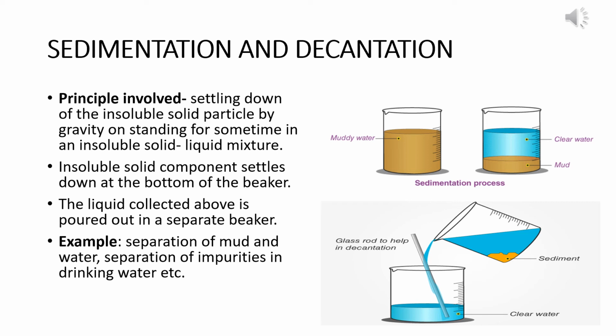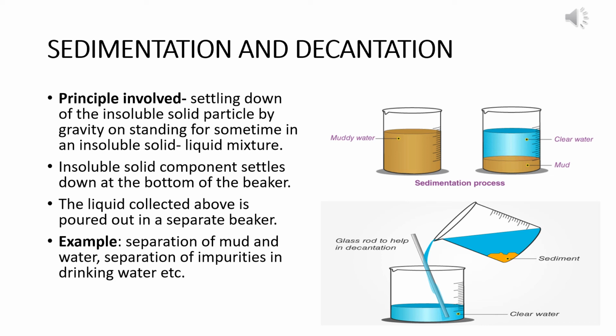So here I have a mixture of muddy water, that means mud or soil mixed in water. Now if I keep this mixture properly without movement for some time, by the work of gravity the mud will get deposited at the bottom of the glass jar because mud is heavier than water, and at the upper side we will have the clear water.